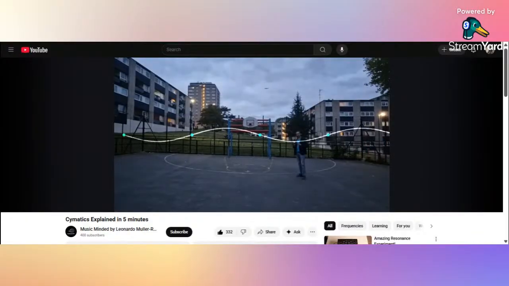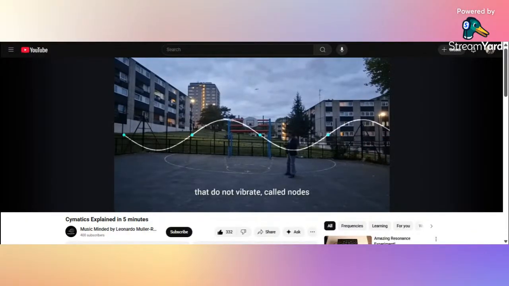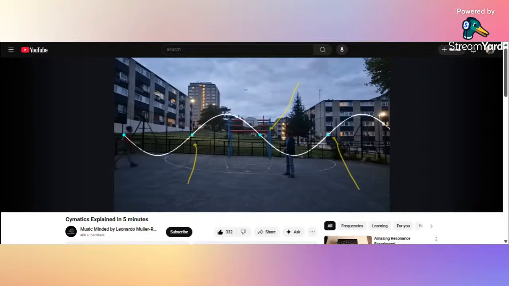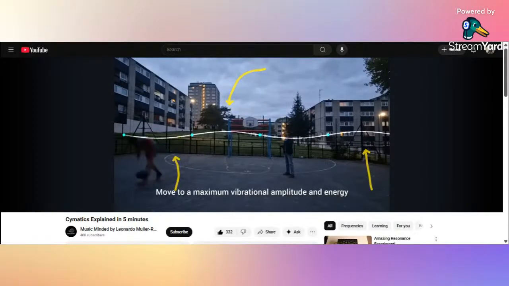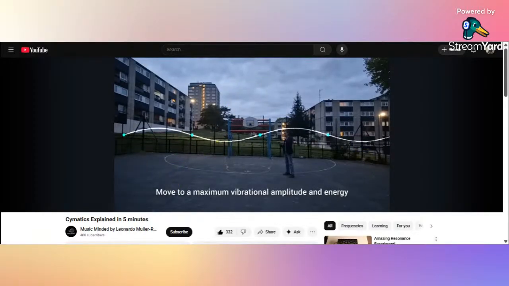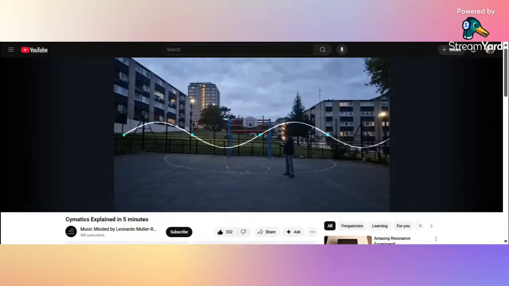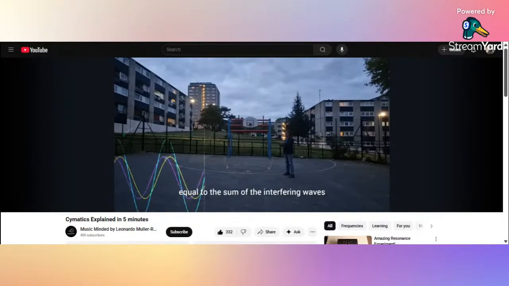As mentioned earlier, there are points that do not vibrate, called nodes. Those remain motionless and stationary, while others, the bellies or the antinodes, move to a maximum vibrational amplitude and energy, equal to the sum of the interfering waves.